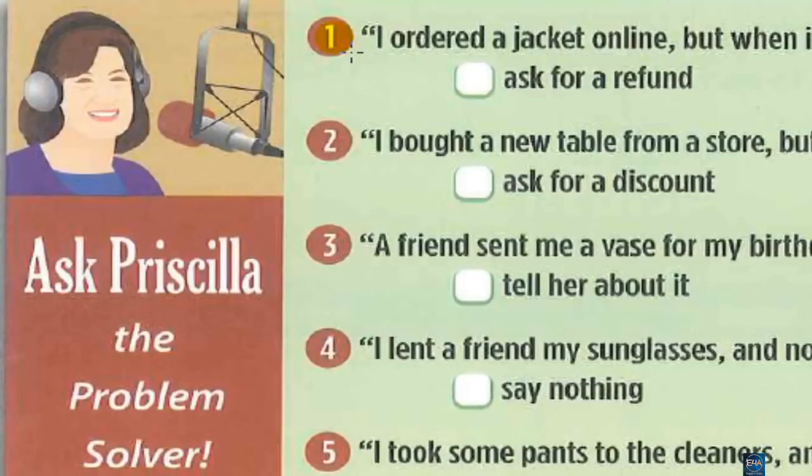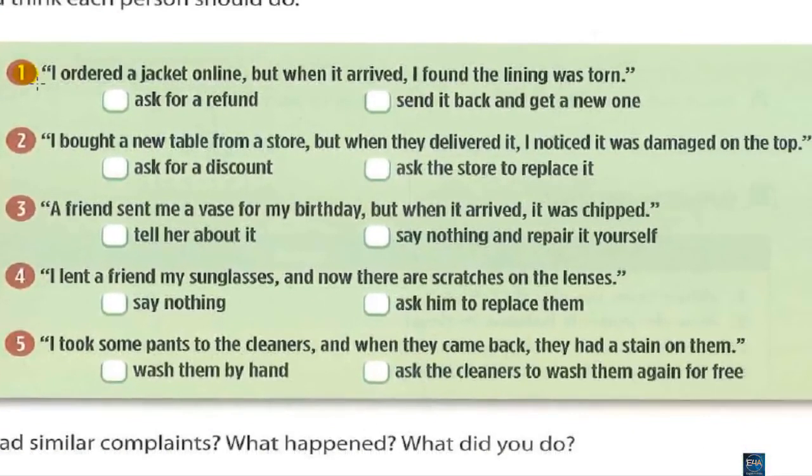Ask Priscilla the problem solver. 1. I ordered a jacket online, but when it arrived, I found the lining was torn. Ask for a refund. Send it back and get a new one. 2.